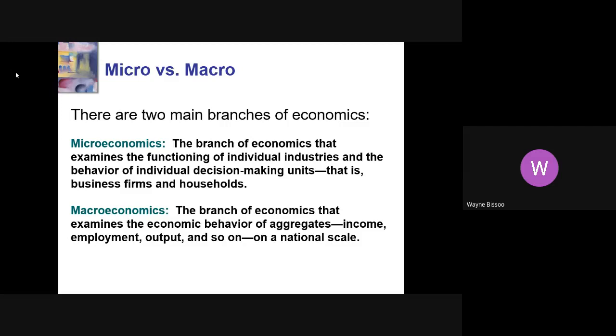Now, macroeconomics, on the other hand, is the branch of economics that examines economic behavior in aggregate or total, more of a global picture. It is going to look at the entire country altogether and try to evaluate what's happening on a national scale. So it's going to look at national income, unemployment, GNP, inflation and other economic performance indicators to try and gauge what's happening in the economy.